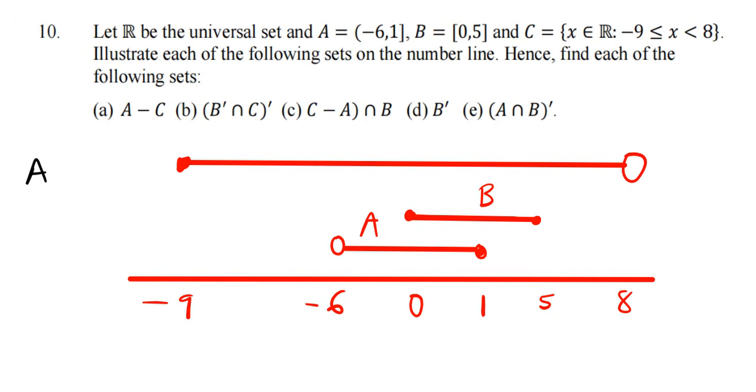Then we come to B complement intersection C, with another complement outside. There are a lot of ways on how you can solve this one.